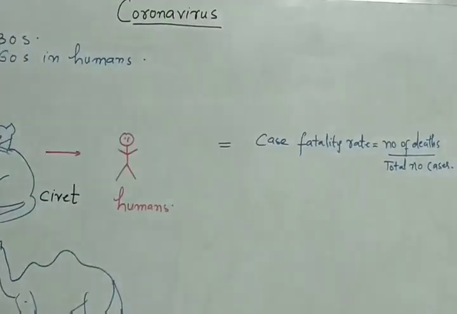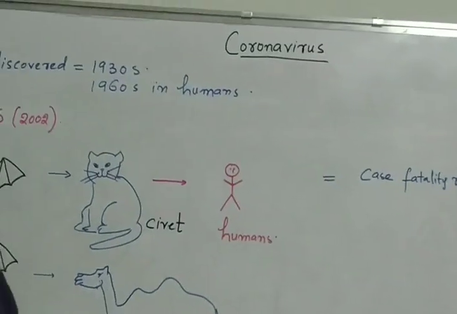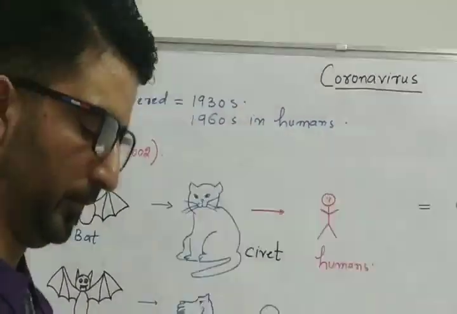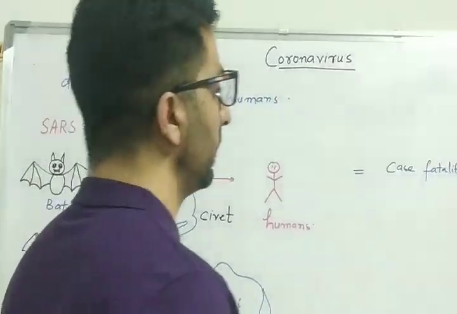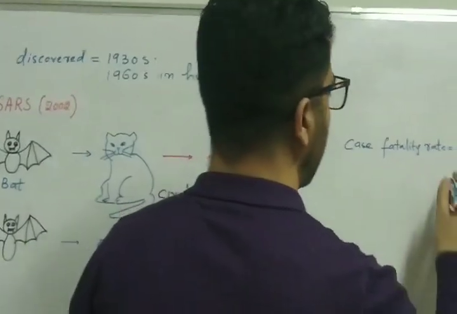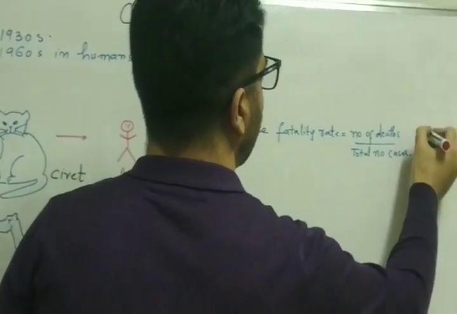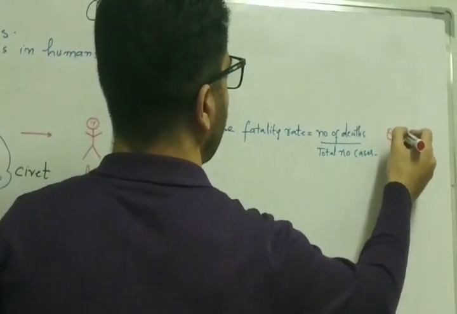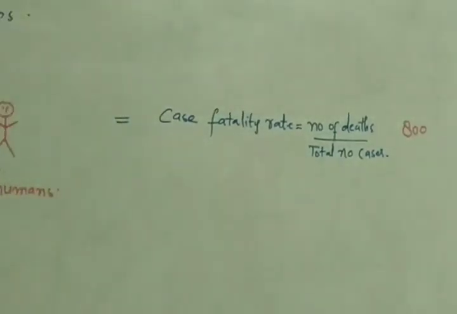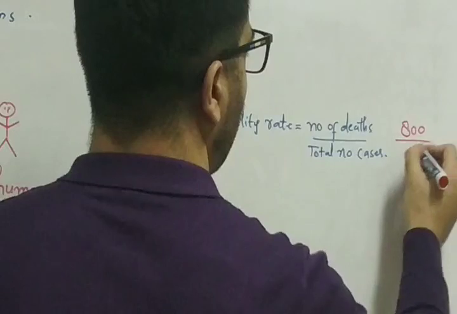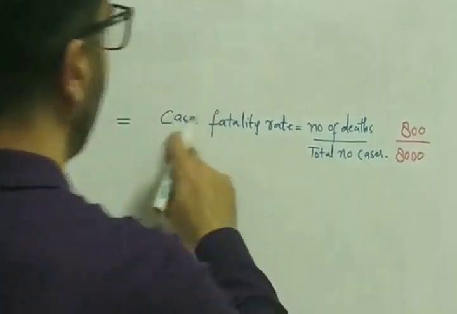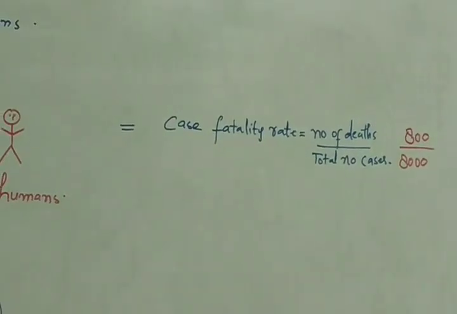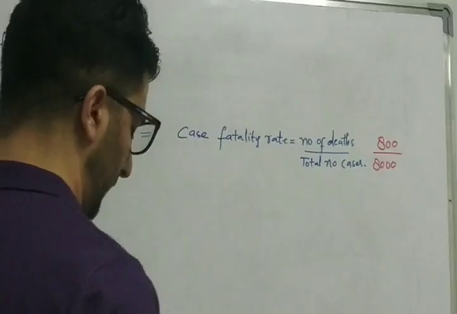So we will see how many cases and how many deaths there were at that time during SARS. There were 800 deaths, and cases were 8,000. So case fatality rate is number of deaths over total number of cases, multiplied by 100.